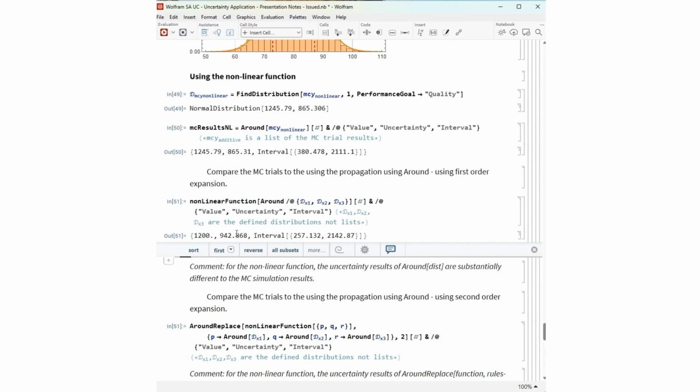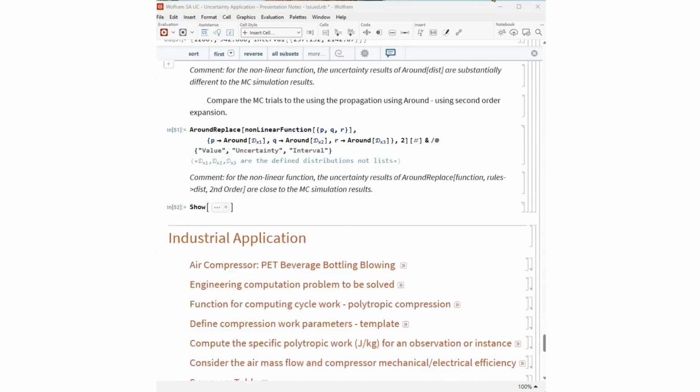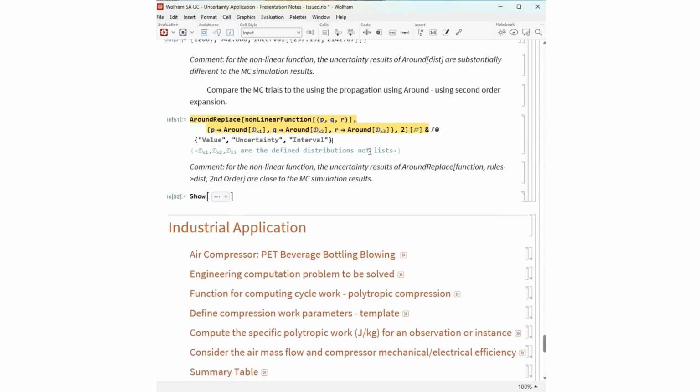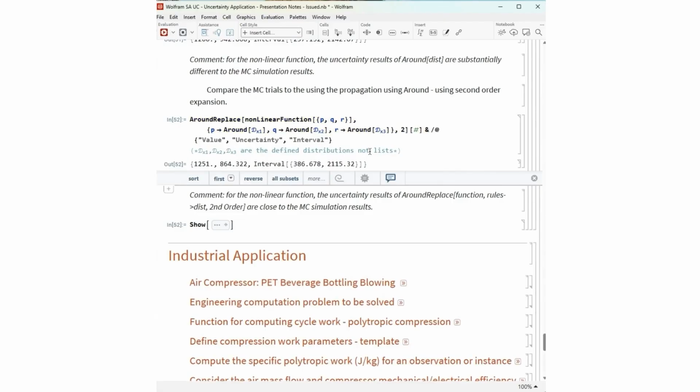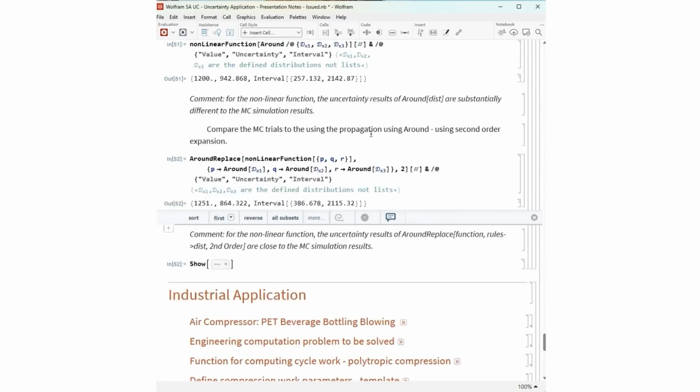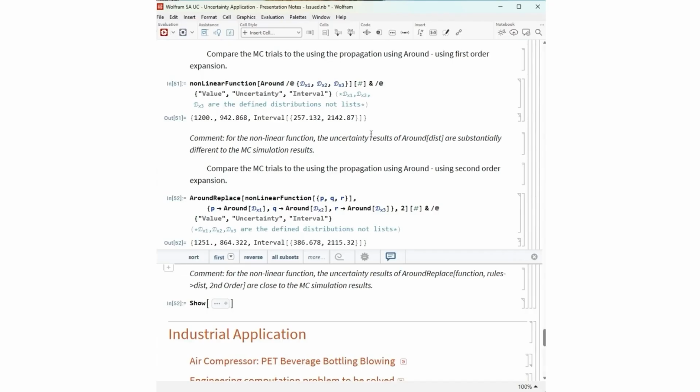As you can see here, the intervals and the means and the standard deviations are somewhat different. So you could use a round replace with a second order expansion like this. The result is a mean and error interval which is much closer to the Monte Carlo values.